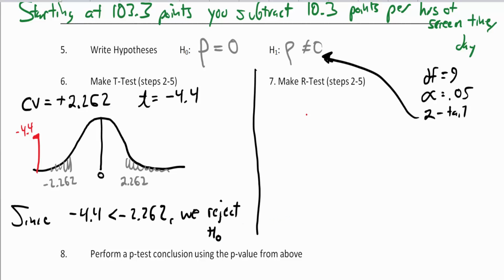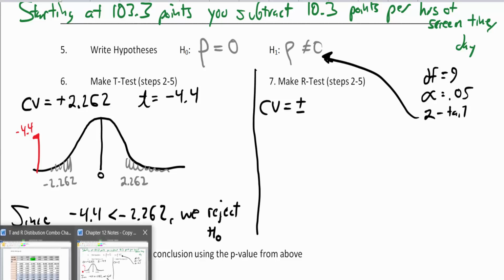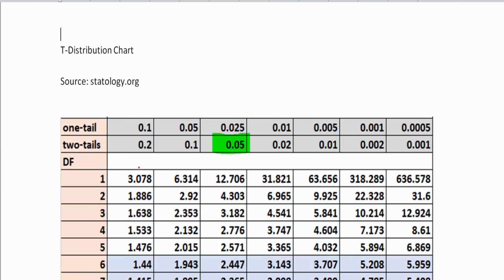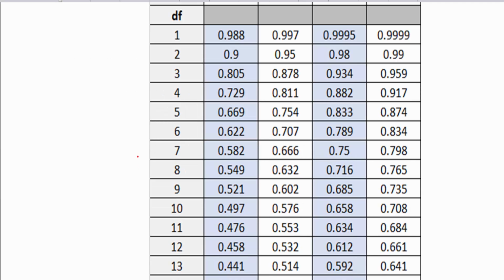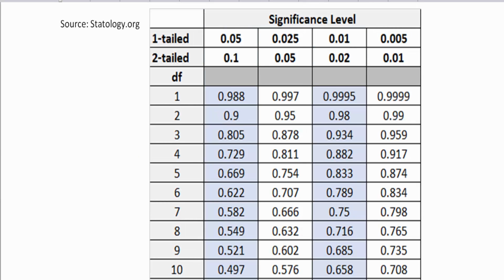So we're now going to look at the R test. We're going to have our critical values here, plus or minus, where the 9 degrees of freedom has the two-tail alpha of 0.05. Let's take a look at our R test. So we're not on the t-test distribution chart. Go to the R chart here, which we're going to look at 9 degrees of freedom.